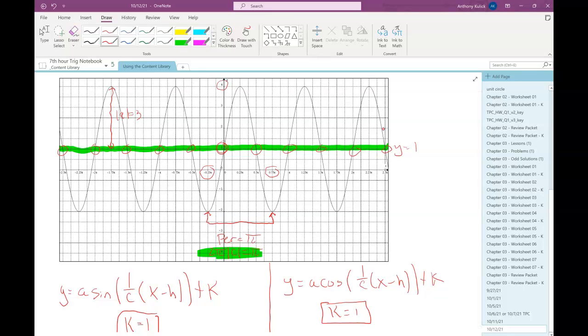Everybody okay with that? Any of these I can use to get my answer. It doesn't really matter which one I pick. For me, I'm going to pick this one because the numbers are really easy to deal with. It's the 0, 1. Is everybody okay with that?